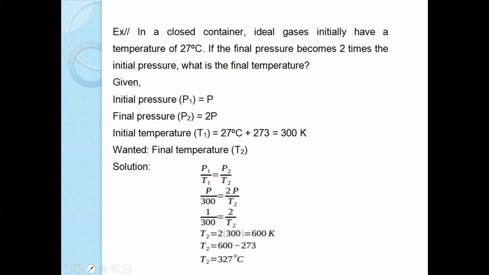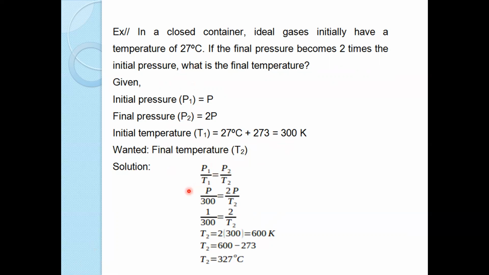So the given information is the initial pressure, P1 equals P, and the final pressure is 2 times that, which means 2P. The initial temperature T1 is 27 plus 273, equal to 300 Kelvin. What we want to find is the final temperature T2.